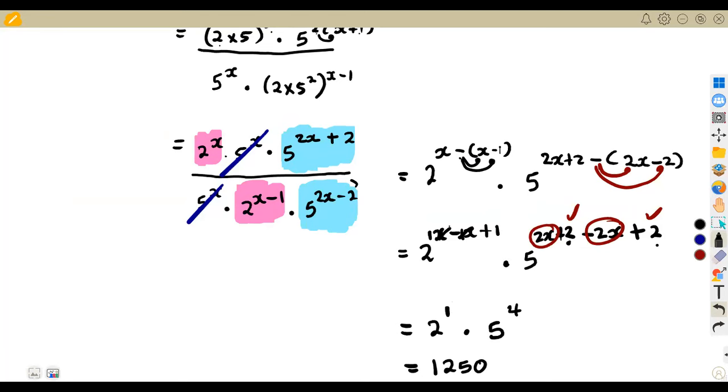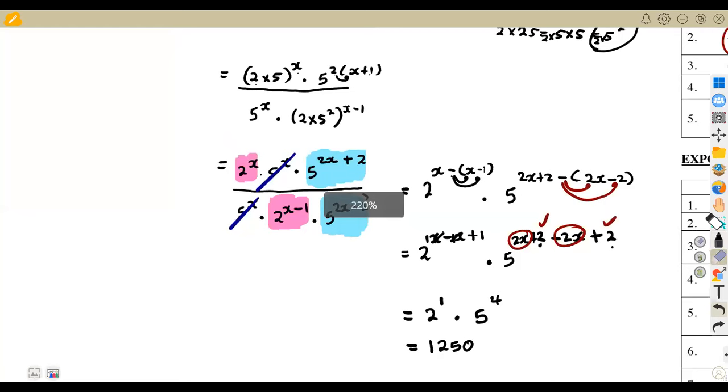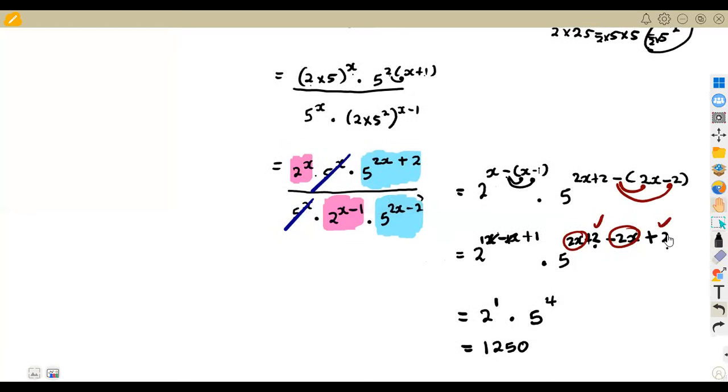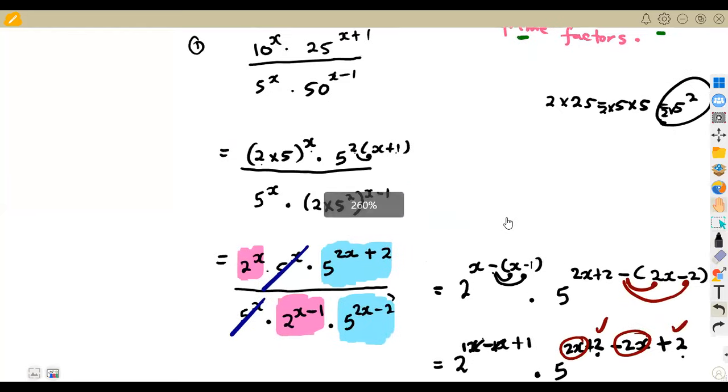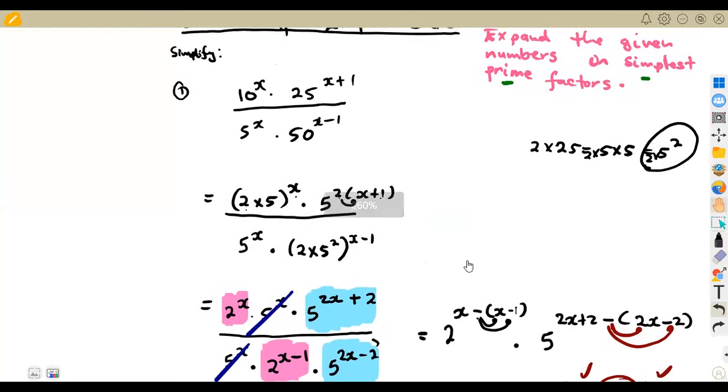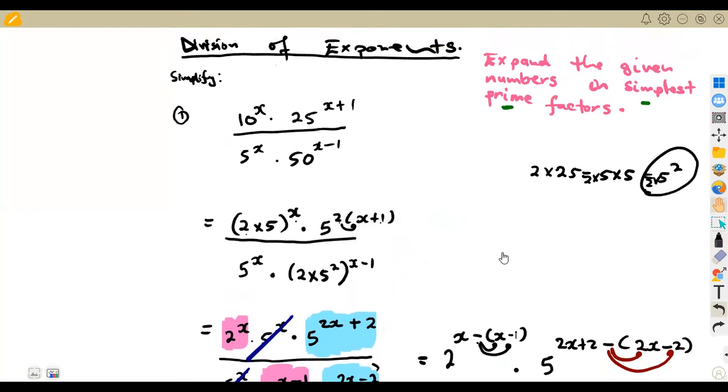So make sure, guys, you work these questions perfectly, all right? Do not rush. Make sure that you simplify each and every stage that you are given step by step by writing, like I said, expand the given numbers. If possible, write them in simplest prime factors.